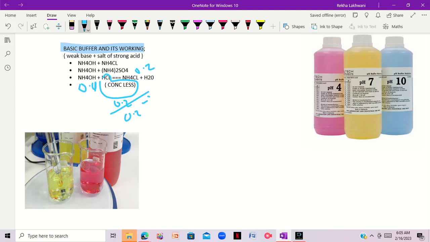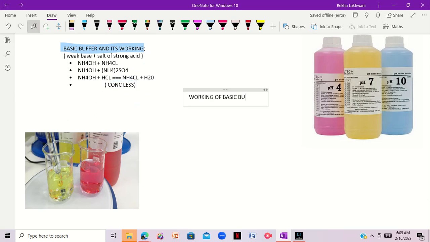So let's start with an example and see the working of a basic buffer. For example, let's take ammonium hydroxide plus ammonium chloride.